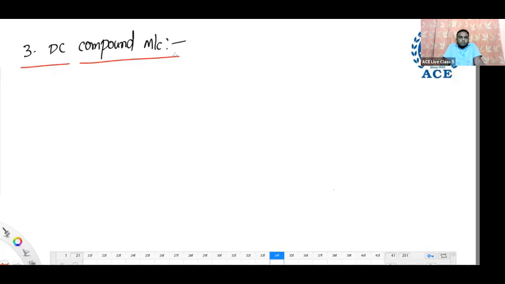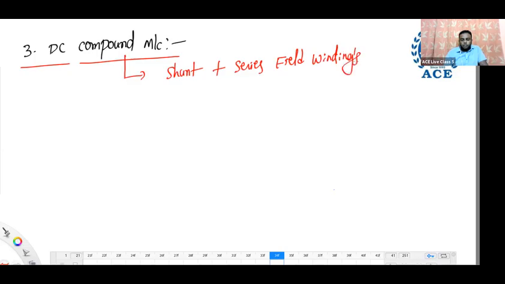Compound means mixing. That is, both the shunt winding and the series winding we utilize. In this machine we will have two field windings, shunt plus series. Both field windings we utilize in these machines.